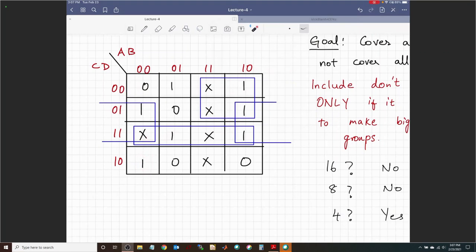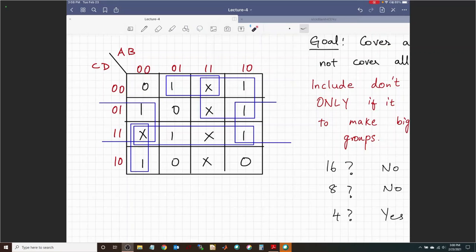That's the only way. What about this guy? I think this is it. Right, so Andrew is right. We were able to make 3 groups of 4 ones, and then we made 2 groups of 2 ones.